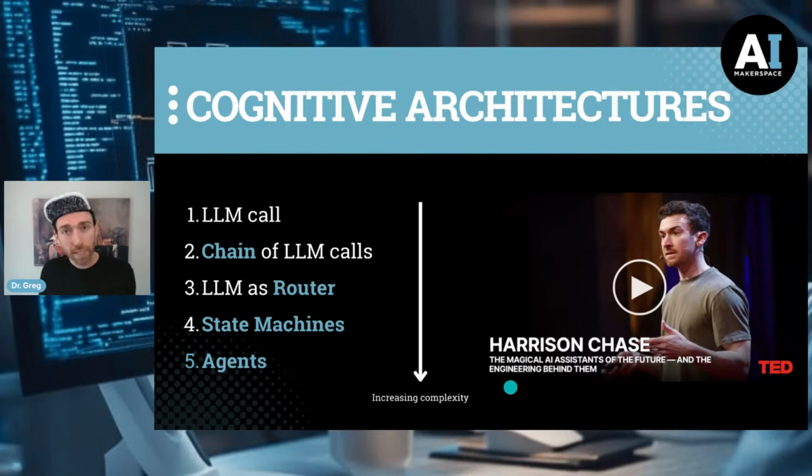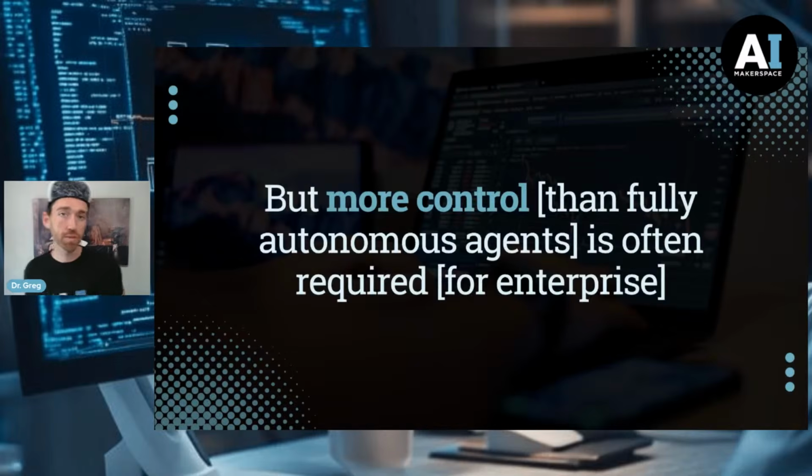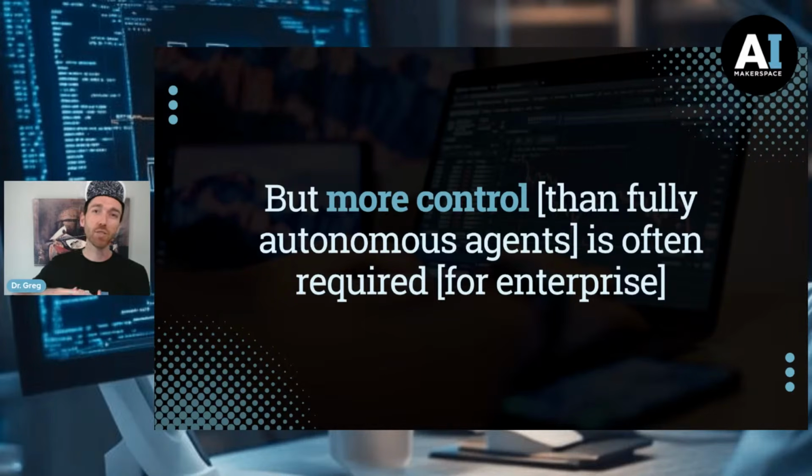However, a lot of times, instead of a fully autonomous agent, we want to build what are called state machines. These state machines allow us a little bit more control than full autonomy. This is important in enterprise, and it's important anytime you don't necessarily want the AI making a decision that directly impacts a customer potentially very negatively.